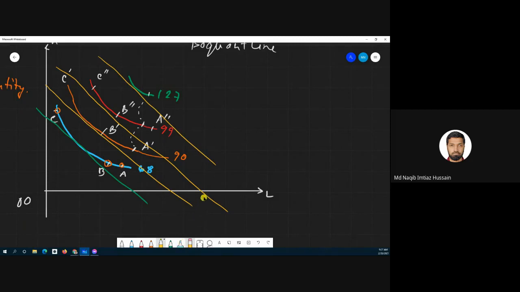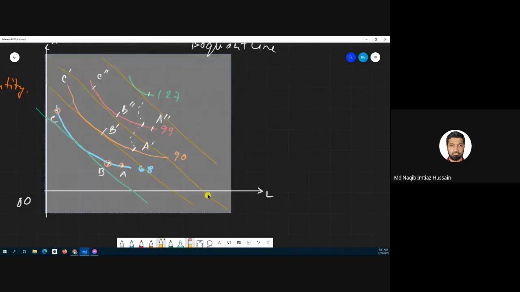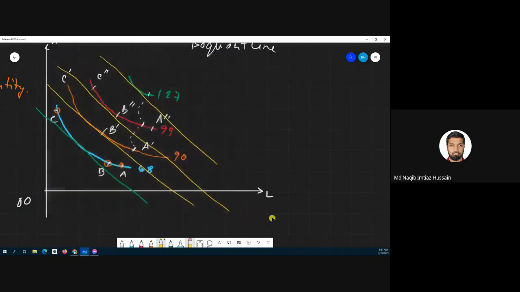Draw them like that, and then you find the points of intersection. And that is your path of expansion.